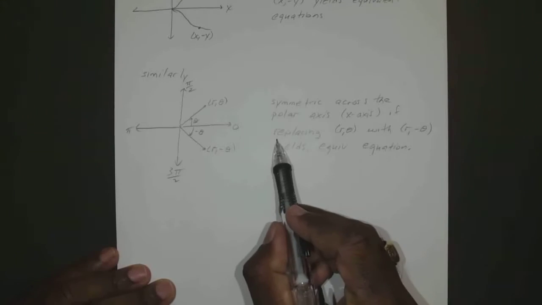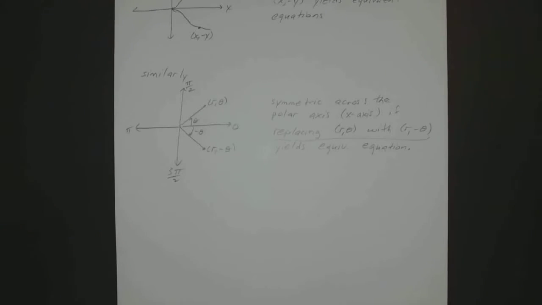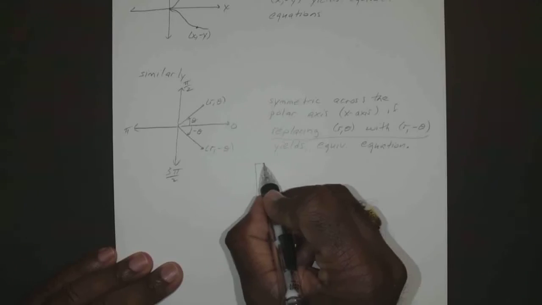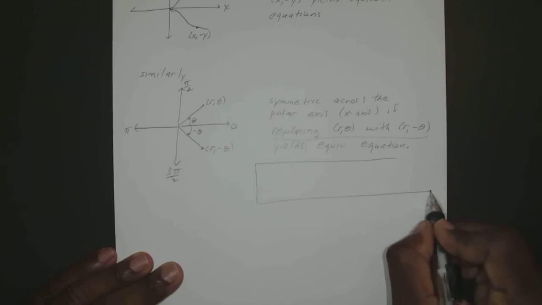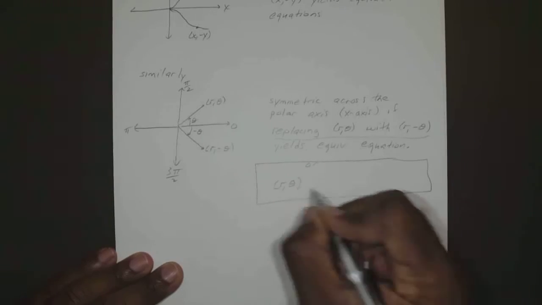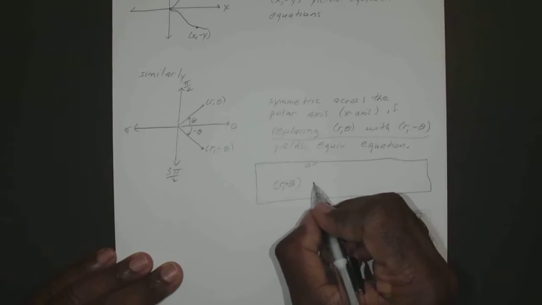Okay. And once again, this is the easiest way to find out if it's symmetric across the polar axis. There are others. Let's say your r, theta or r, negative theta.